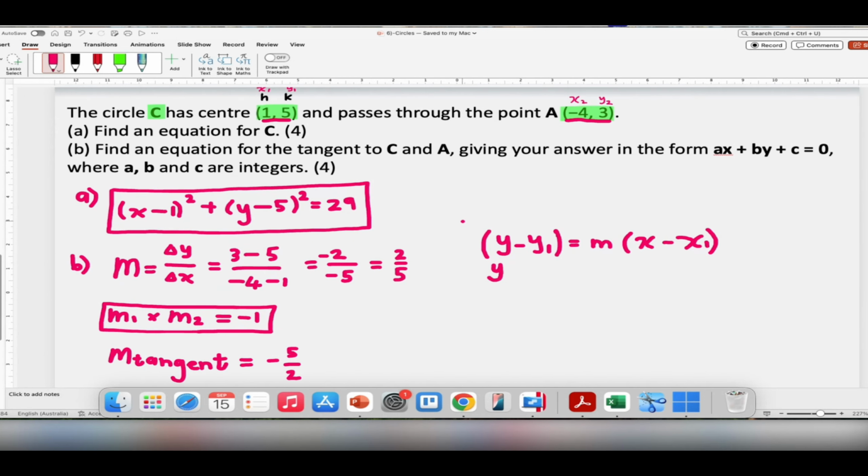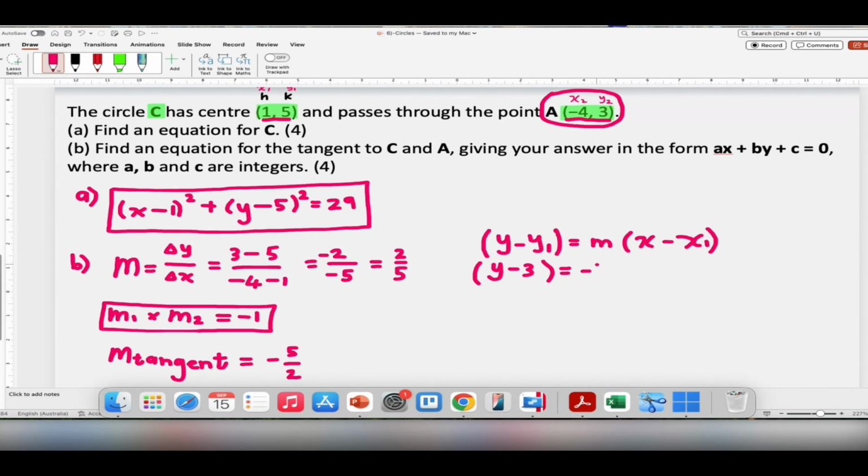Well, the y value that we are using is we are using point A. So the y value is going to be 3. What is m? m is equal to negative 5 over 2. And what is the x value? It's equal to negative 4. And negative times a negative equals a positive. So it becomes x plus 4.